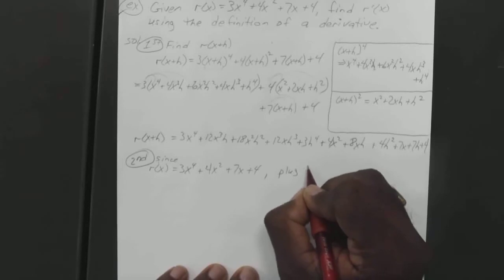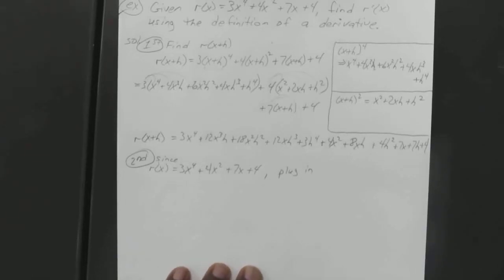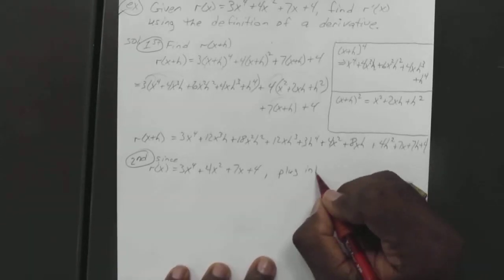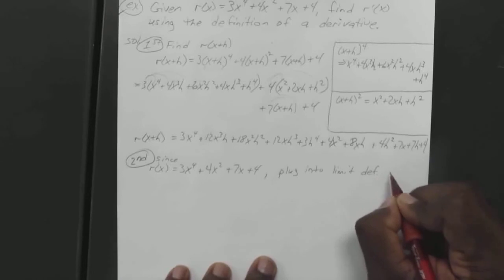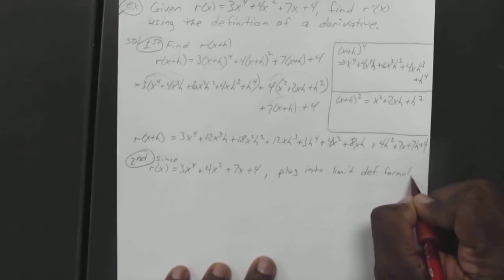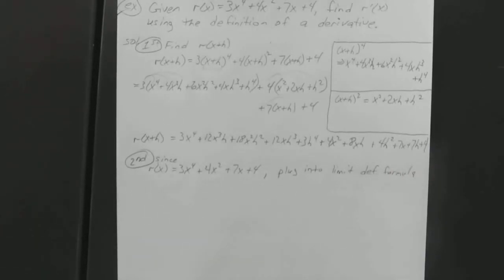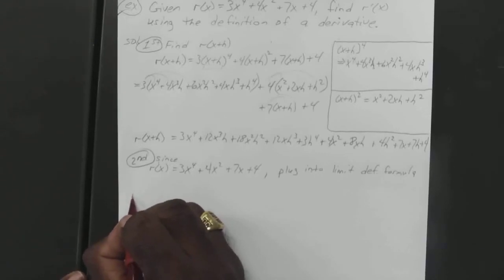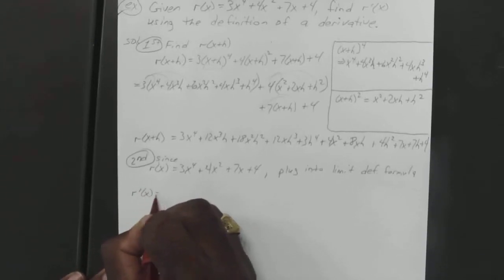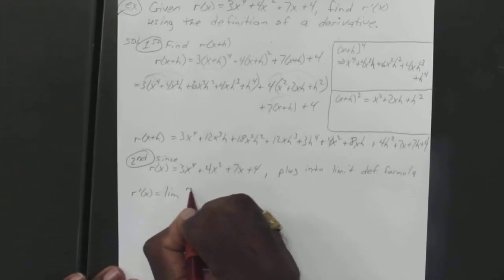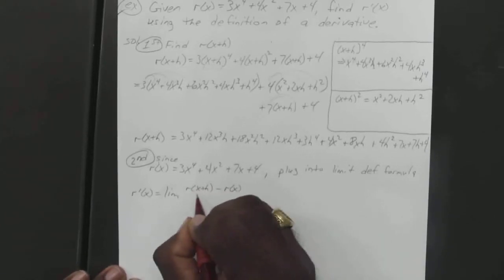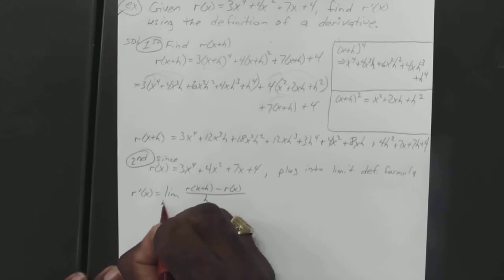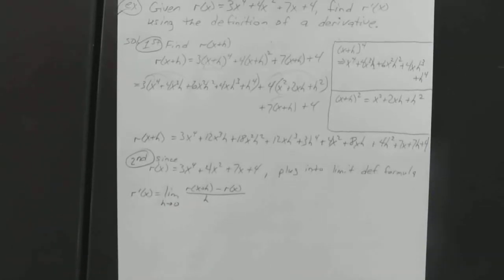Oh no, the limit definition formula. Okay. So that means we have our r prime of x equals the limit of r of x plus h minus r of x all over h as h approaches 0.